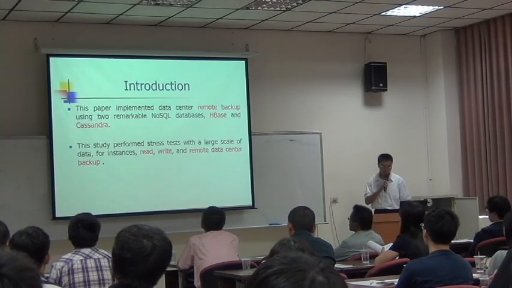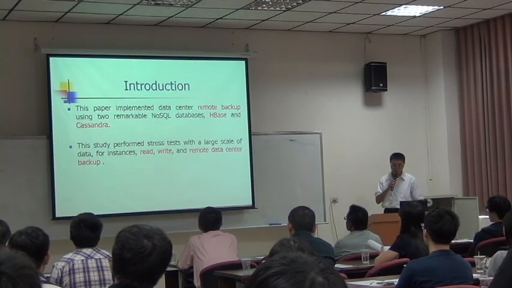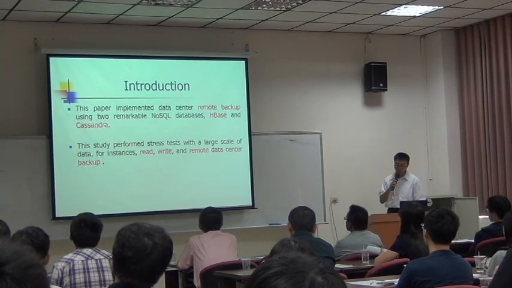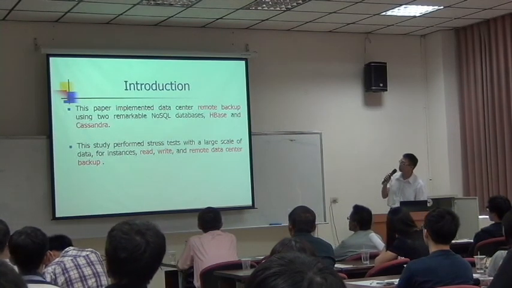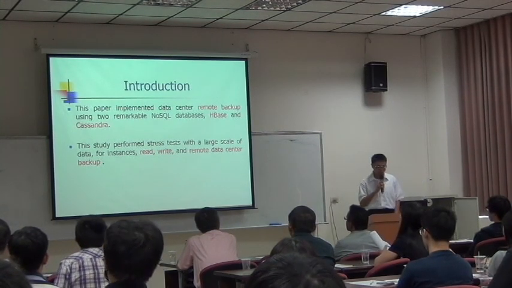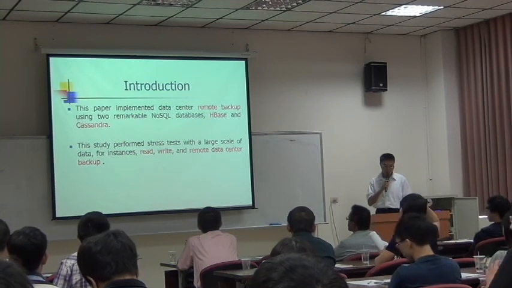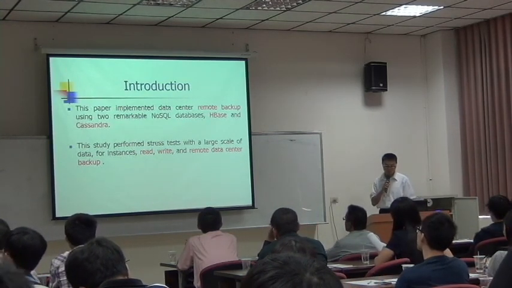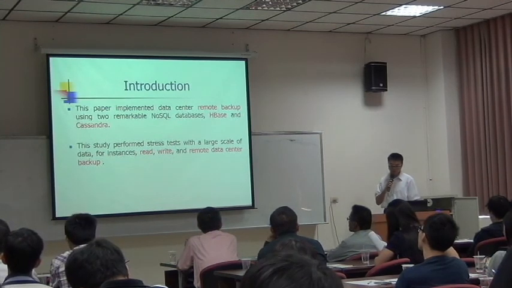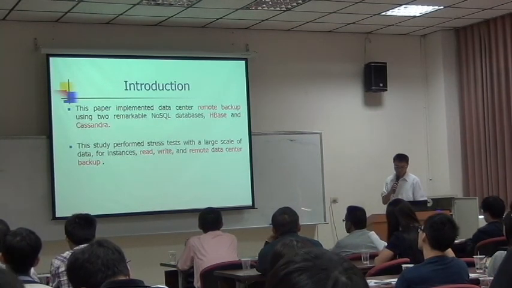This paper implements data center remote backup using two remarkable NoSQL databases, HBase and Cassandra. This study performs performance stress tests with a large scale of data, for instance, read, write, and remote data center backup.